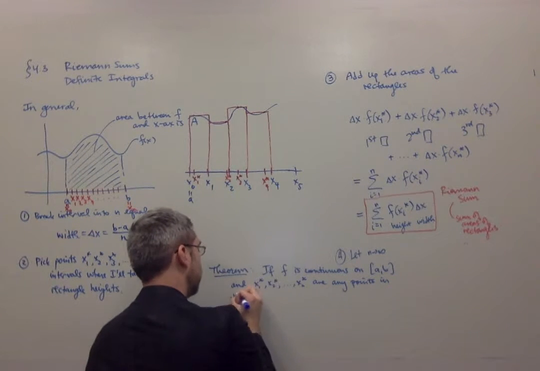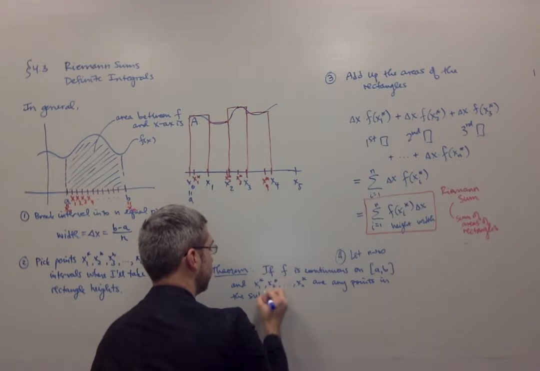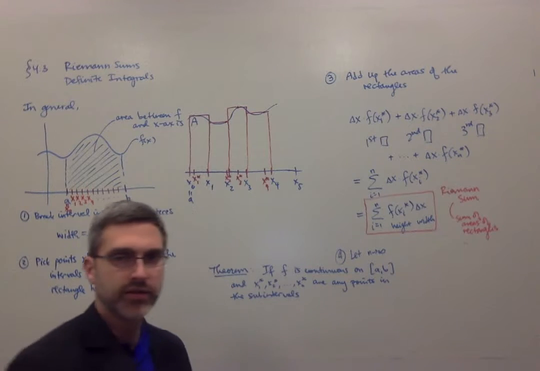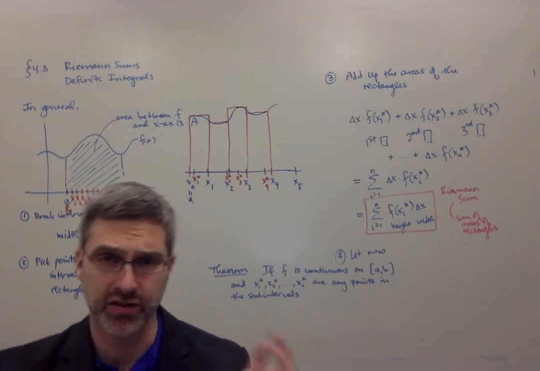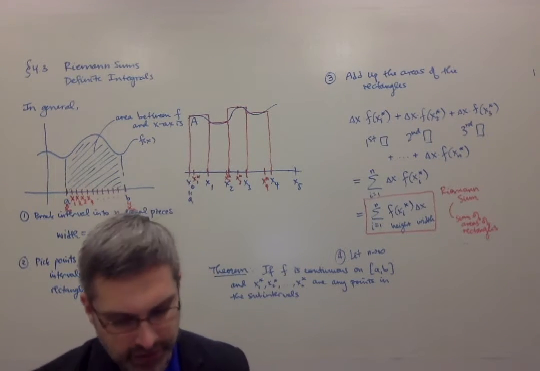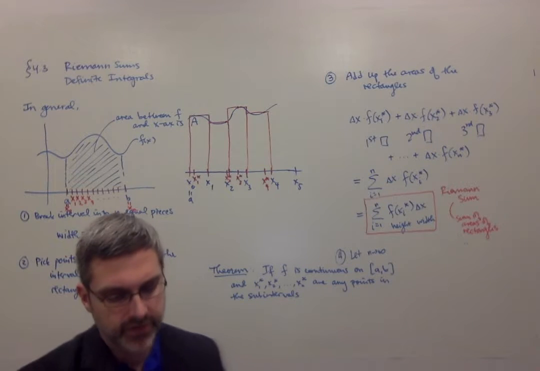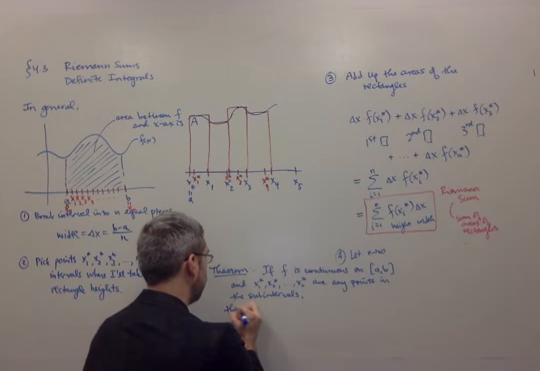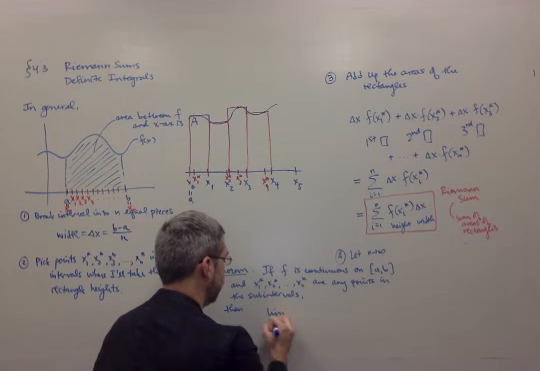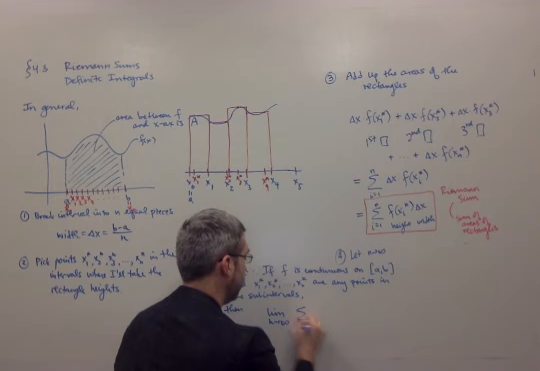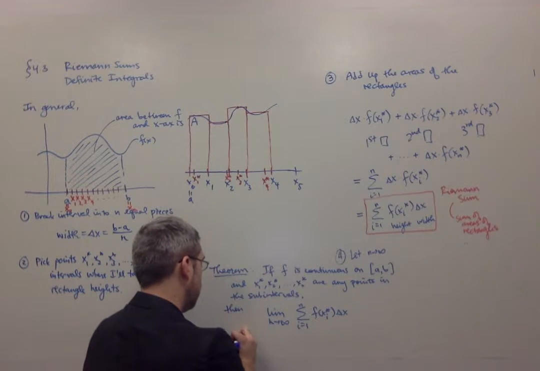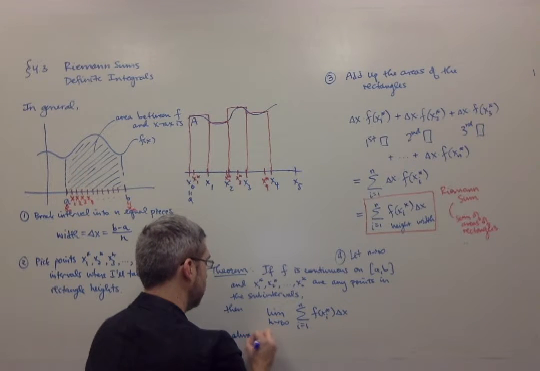So in other words, it doesn't matter if you pick right endpoints or left endpoints or midpoints or highest points or lowest points. None of that matters. If the function is continuous on the closed interval, then the limit as n goes to infinity of that sum of height times width always exists.